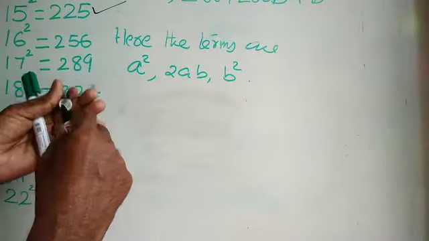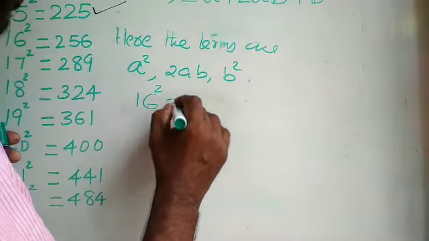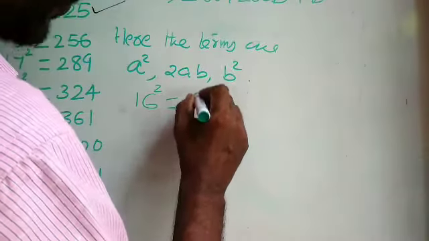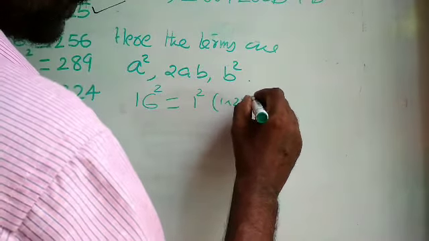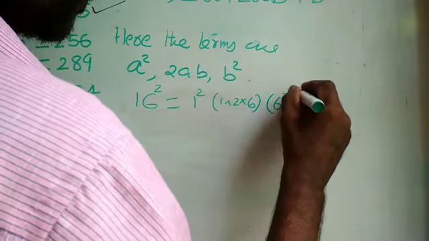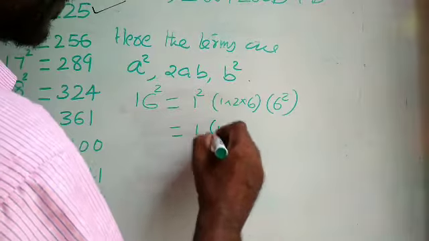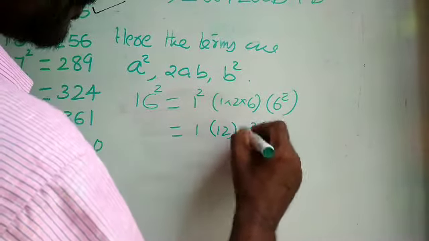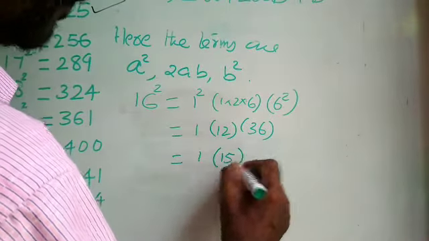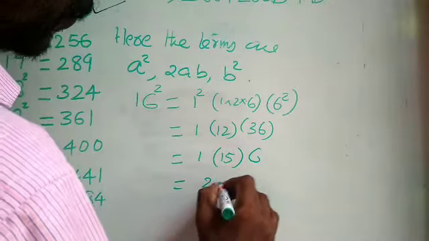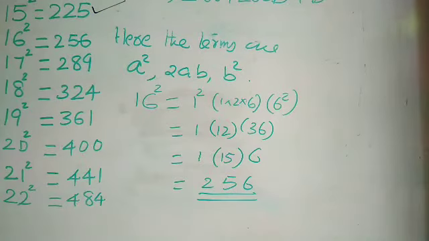Then our next number is 16 square, which is equal to 1 square, 1 into 2 into 6, next 6 square. It is 1, it is 12, put in bracket, and it is 36. This becomes 1, 15, 6. This becomes 2, 5, 6. Thus, we have 16 square as 256.